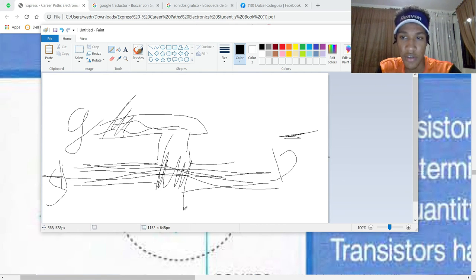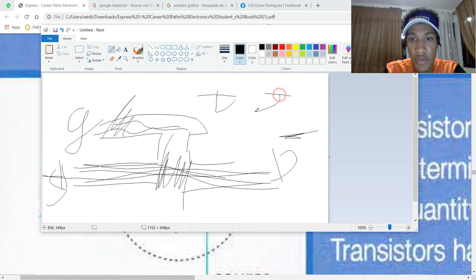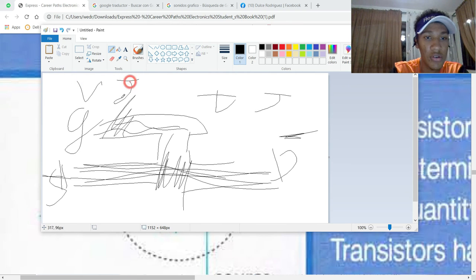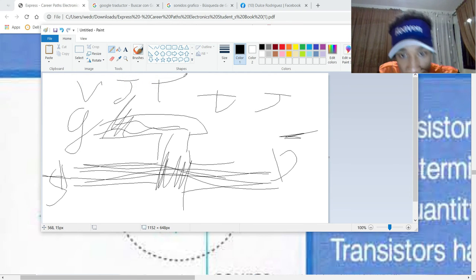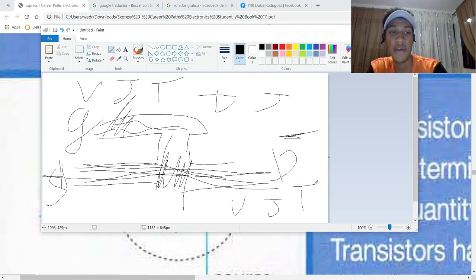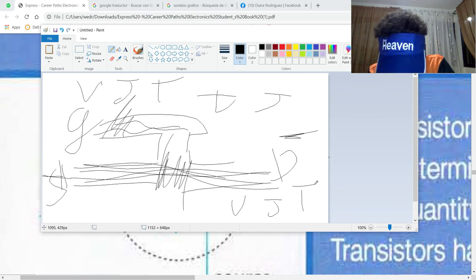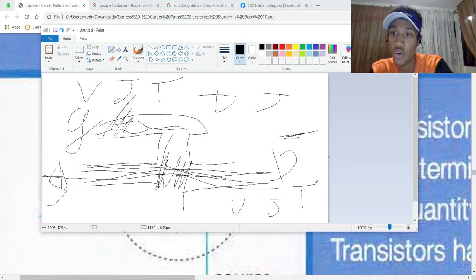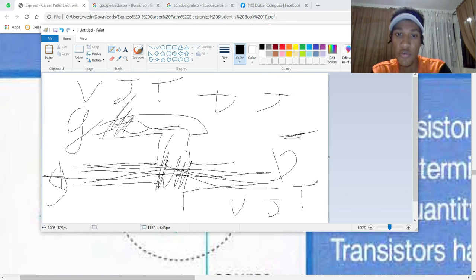And the transistor has two different types: BJT and UJT. The BJT works with voltage, and the UJT works with current. So the gate moves with voltage, and the gate moves with current.